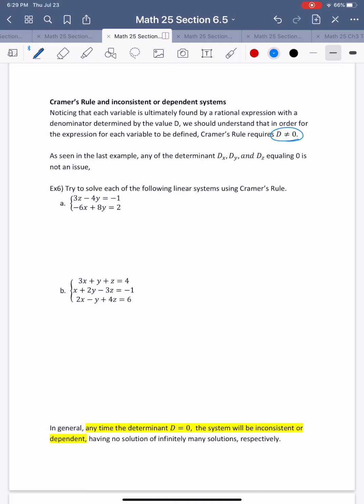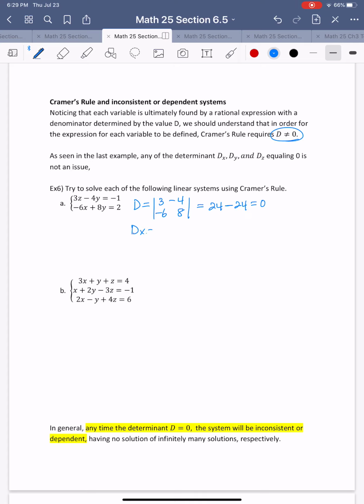So let's try to solve each of the following linear systems using Cramer's rule, okay? So let's say D is, I use a 3, -4, -6, and 8. So I got cross multiply 24 minus 24, which is a 0.